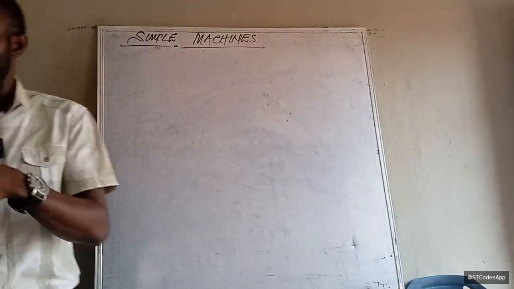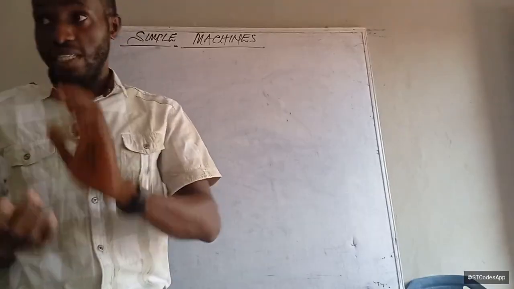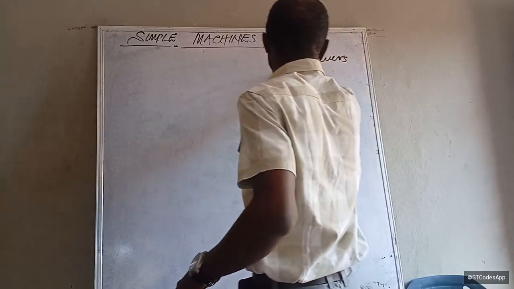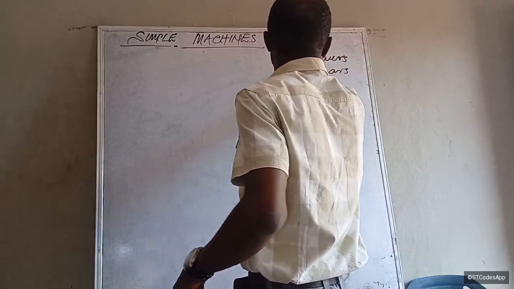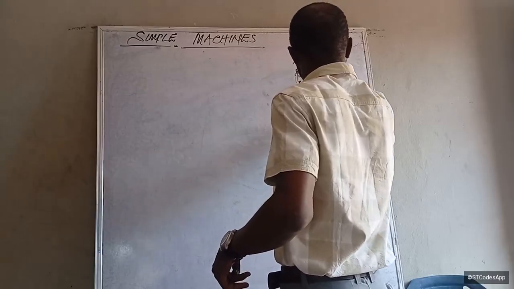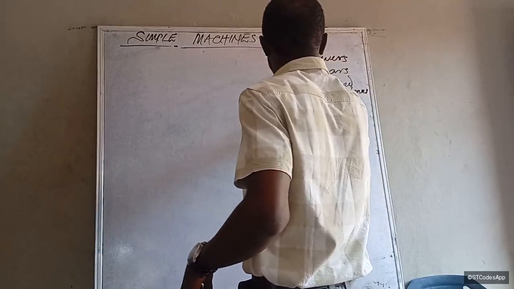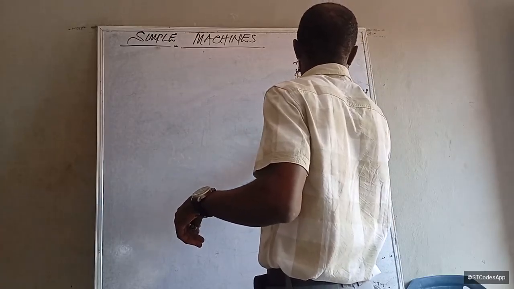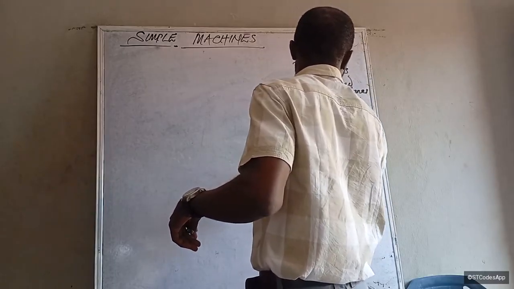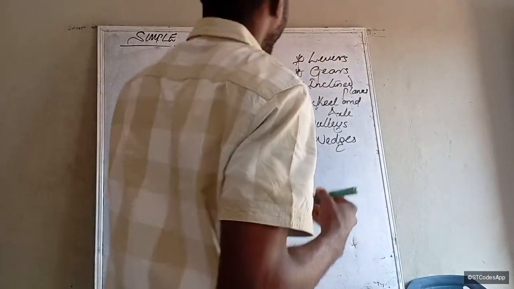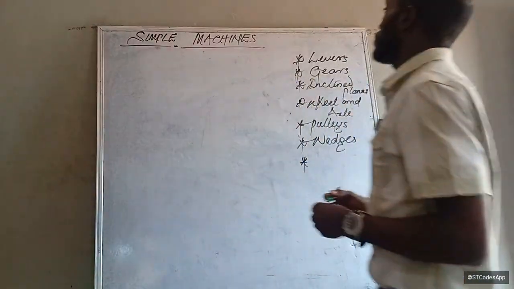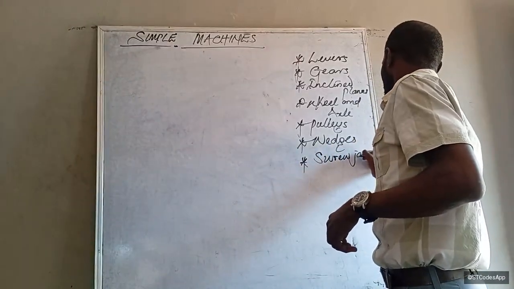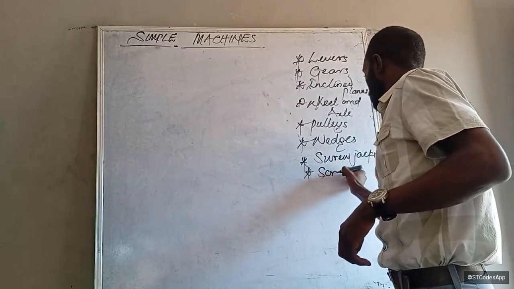So there are various terms we use in describing machines. First, the simple machines that we're going to be looking at are the levers, the gears, the inclined plane, like I just mentioned, wheel and axle, pulleys, wedges, and screws and screw jacks, screwdriver, screws.